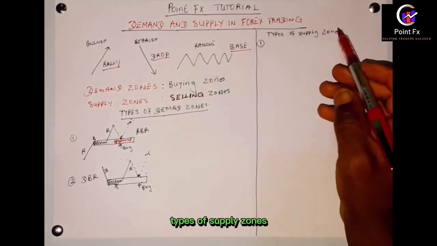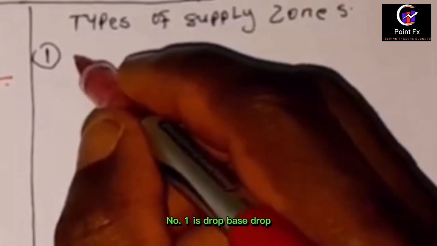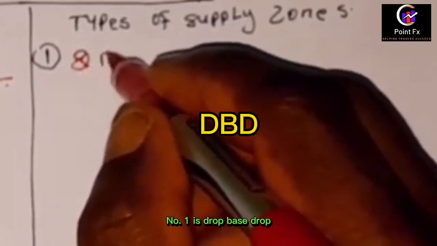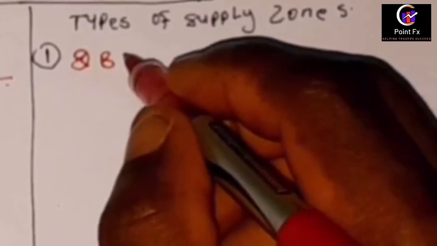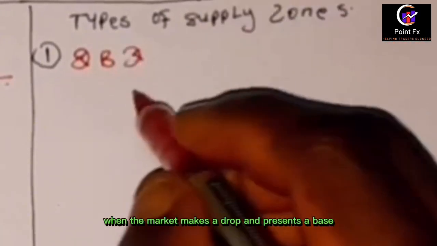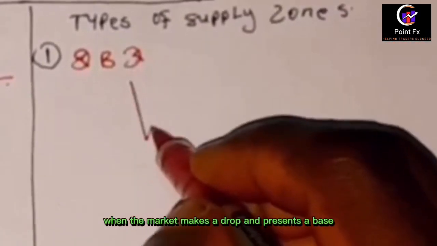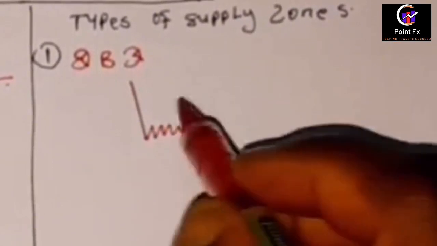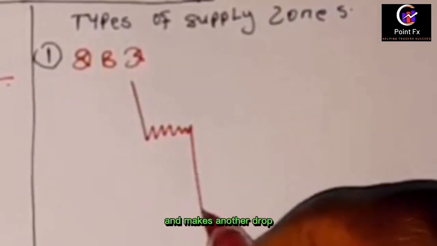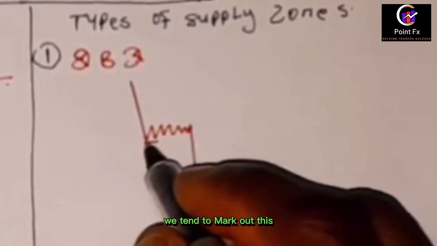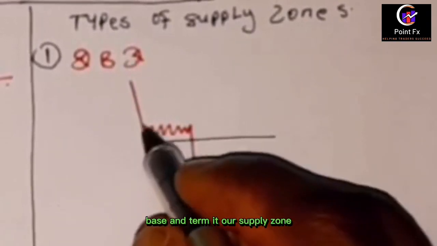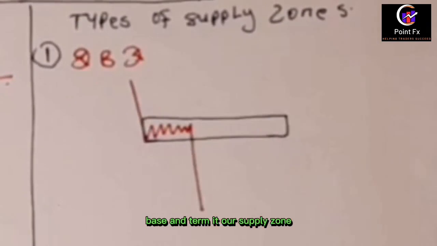Types of supply zones. Number one is drop, base, drop. When the market makes a drop and presents a base and makes another drop, we tend to mark out this base and term it our supply zone.